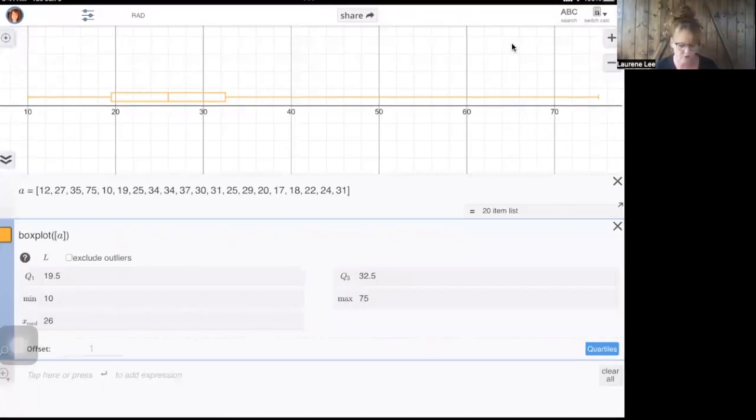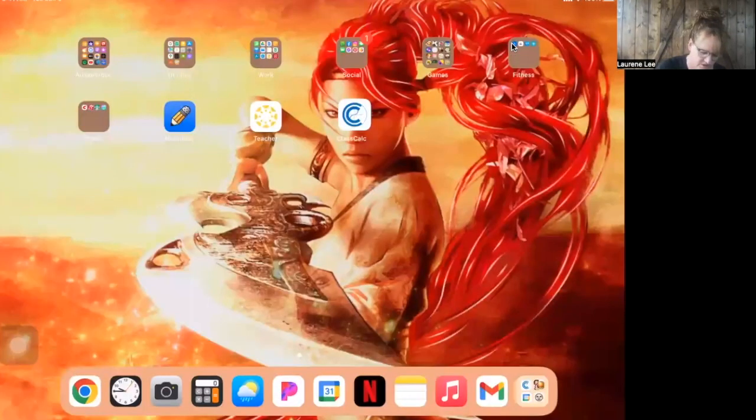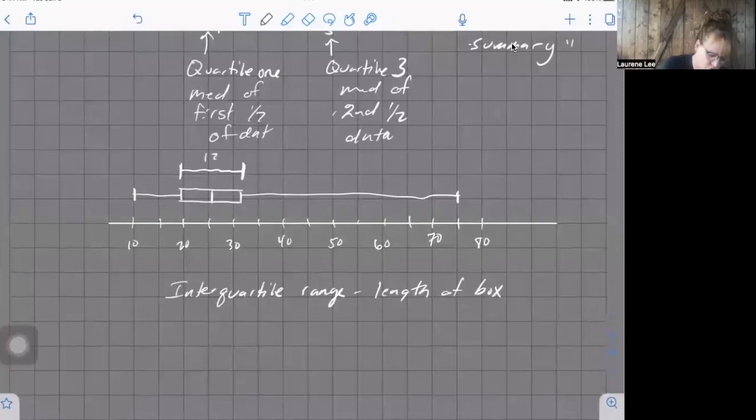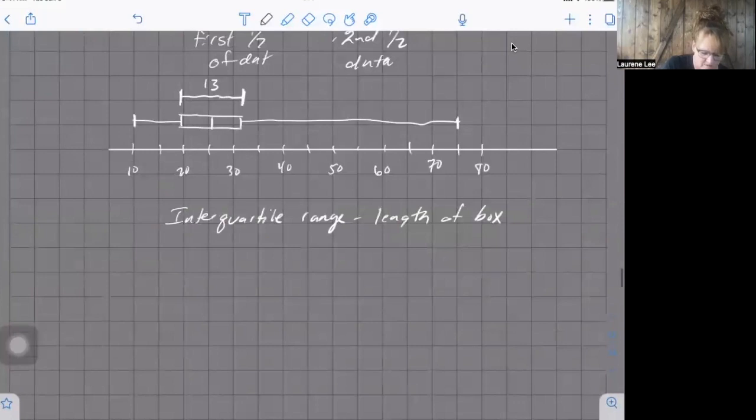I'm going to take quartile 3, which is 32.5, and subtract quartile 1, which is 19.5, and I get a span of 13. So that's what my interquartile range is. And there's an abbreviation for that. We abbreviate it IQR. So if your homework says, what's the IQR? That is the box length. And so you'd say that's going to be 13.